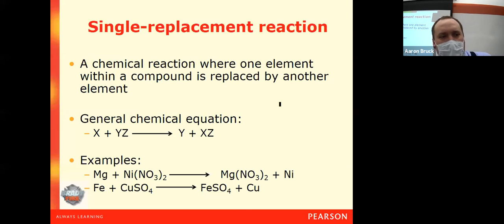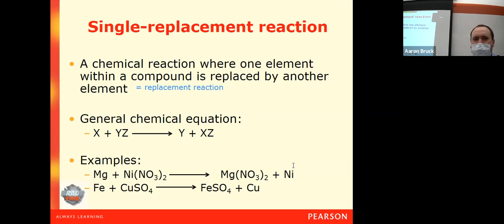Replacement reactions are a little bit more difficult. Replacement reactions happen when one element replaces another element inside of a compound. That is the general definition of a replacement reaction. Now, like I said, replacement reactions come in two forms. There's the single replacement reaction, and then there is the double replacement reaction.